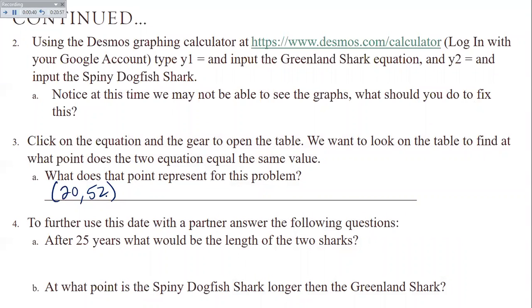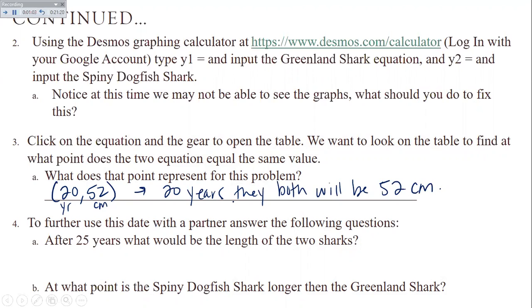So the centimeters is our Y, and this is centimeters, and this is years. So this means that in 20 years, they both will be 52 centimeters. Okay. When you have a word problem, you're going to respond typically in a sentence with what the answer to that word problem is.